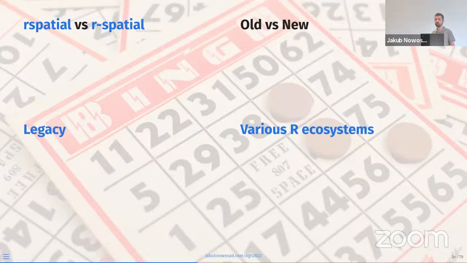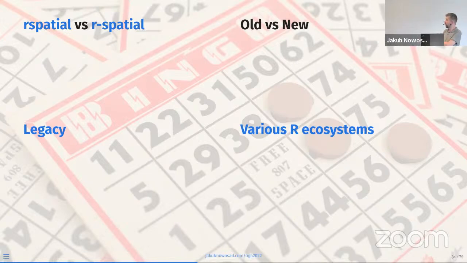There is a website called rspatial.org, but you also have a website called r-spatial.org. This one is related to packages like terra. This one is related to packages like sf. So that's also this ecosystem thing, that we have very similar names.